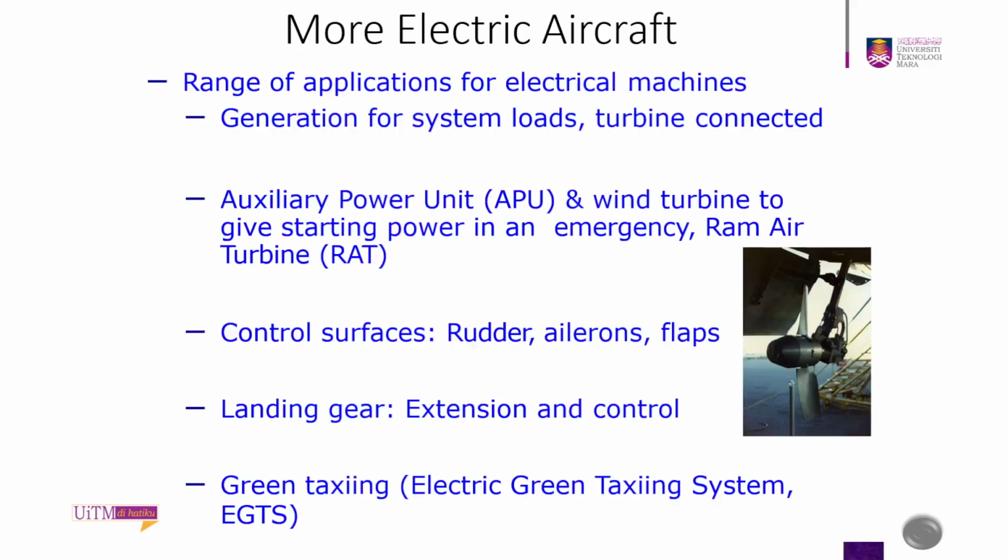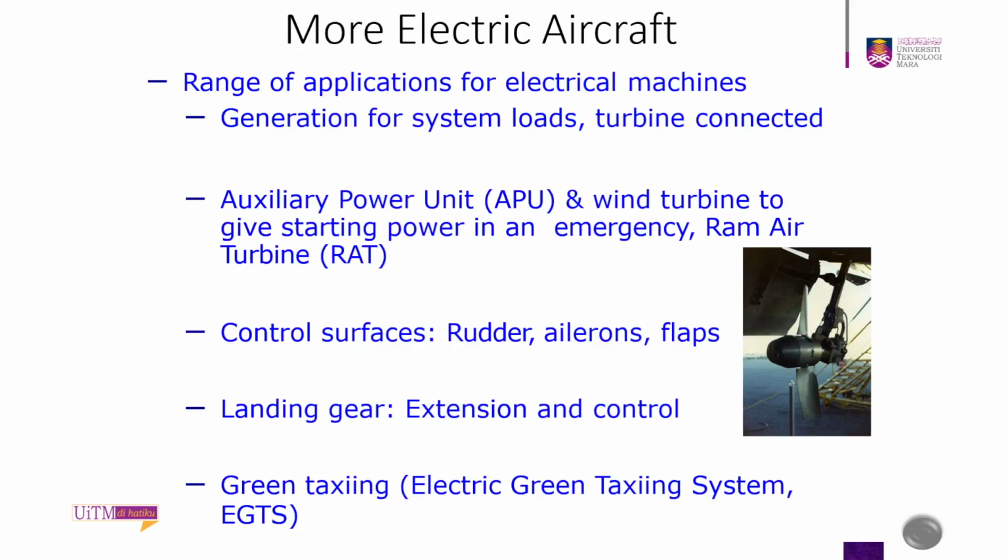Again, for more electric aircraft, the range of applications for electrical machines includes generation for system load, turbine connected. We have this APU, auxiliary power unit. So if there is something wrong with your engine, then the APU will take over as a standby.